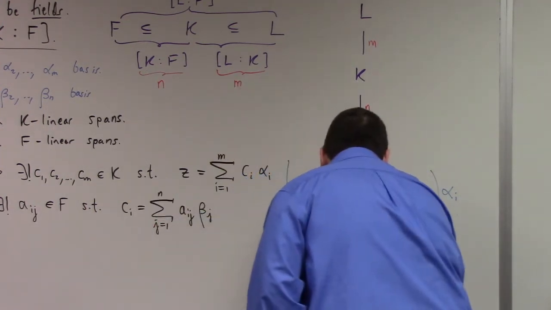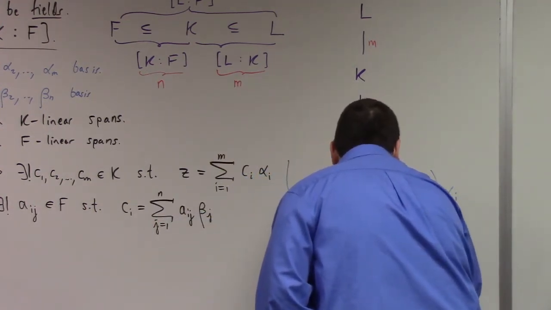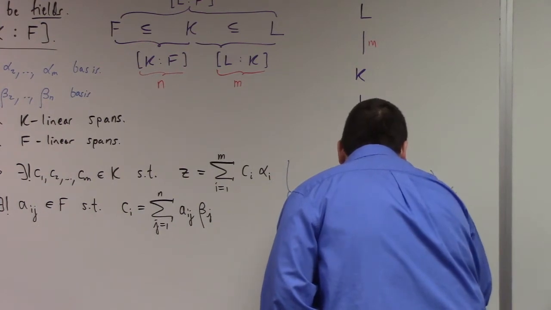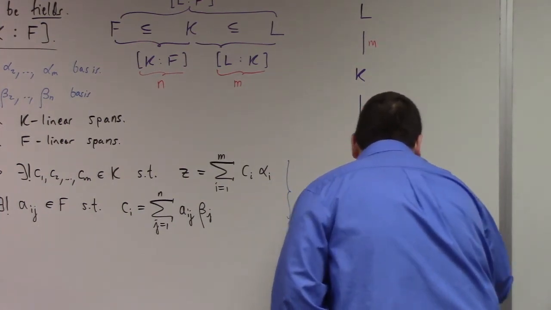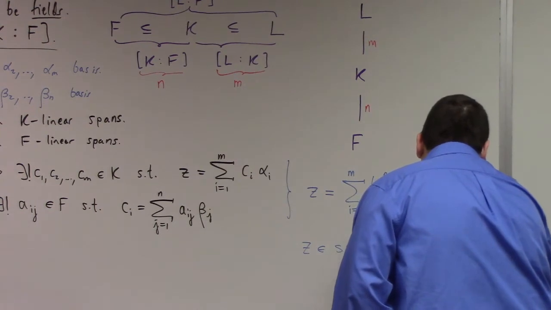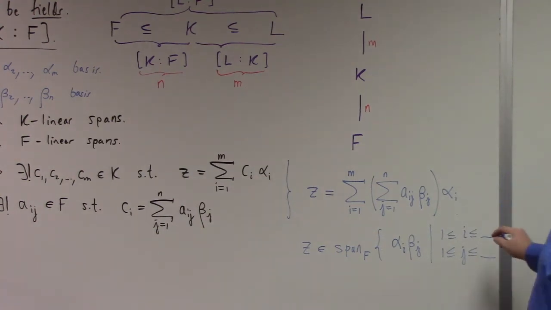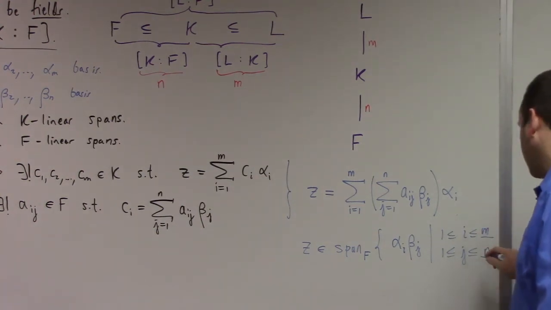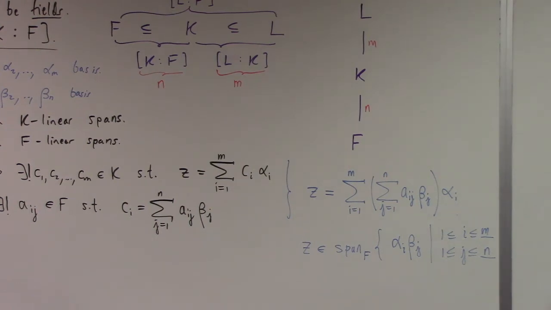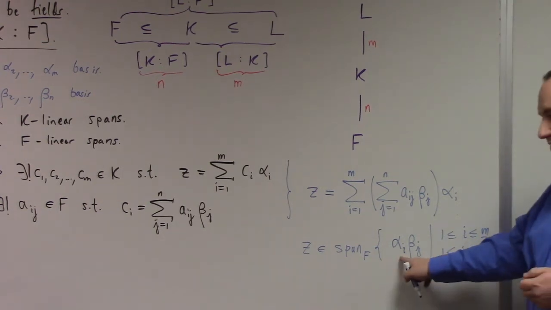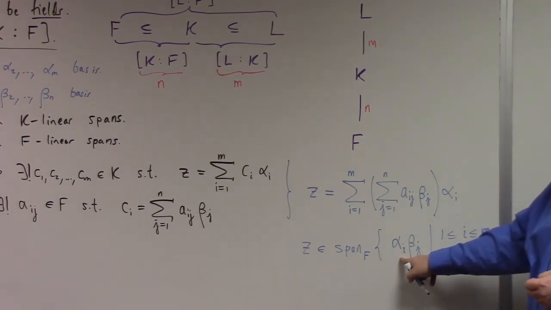They're in F. The span over F of the set alpha sub I, beta sub j, such that 1 is less than or equal to I less than or equal to, you fill in the blank, and 1 less than or equal to j less than or equal to, you fill in the blank. m, and I guess I filled in the blank, sorry. It just takes a long time for you guys to walk up here and write stuff, so let's move it along. So this is a potential basis for L over F. At least it's a spanning set.